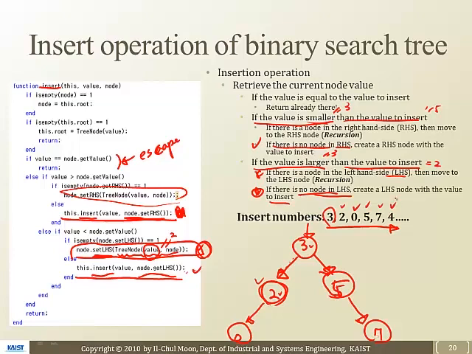And then we have 4. We compare with 3, and 3 is smaller than 4, so we go to the right-hand side. Then again we have 5. Here 4 is smaller than 5, so we hit this case, and in the left-hand side we don't have any node.